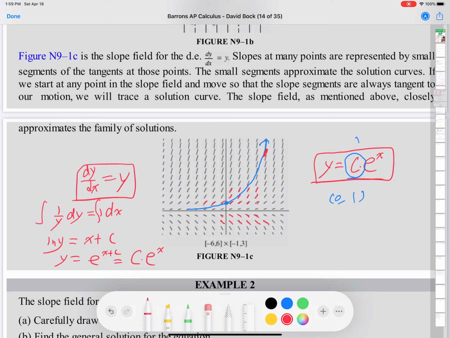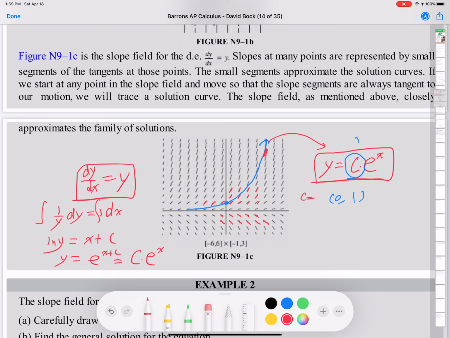So for the graph, just connect the shape of those tiny lines. Think about each tiny line representing the tangent line at that point, and follow that shape. Okay, this graph is exactly this graph, right? The y equals e to the x graph looks like that. It is an exponential function.